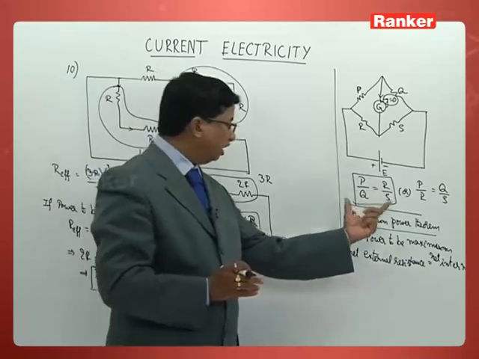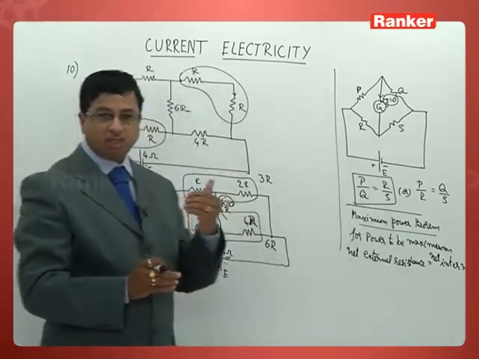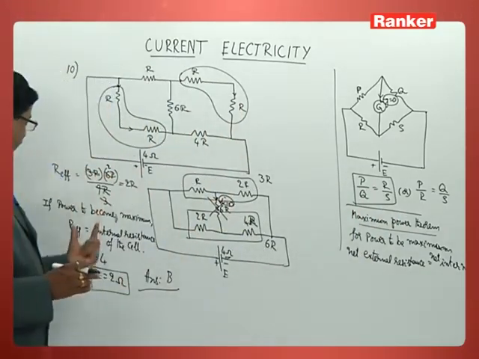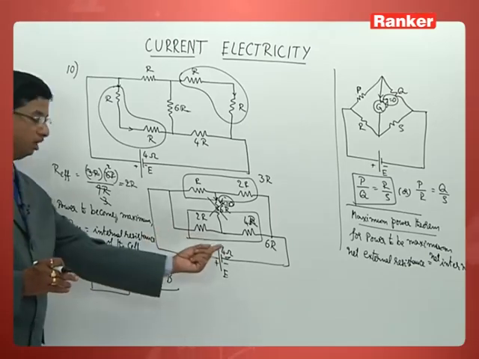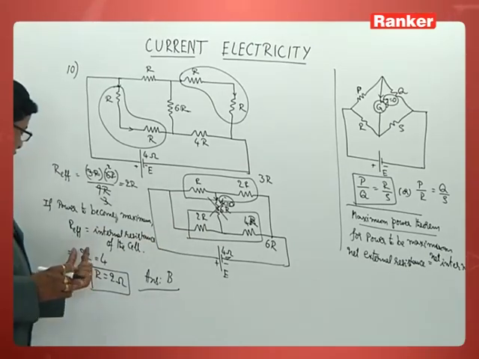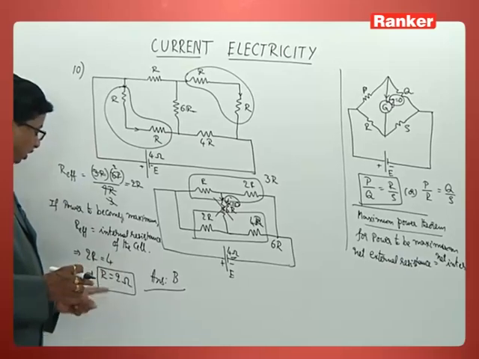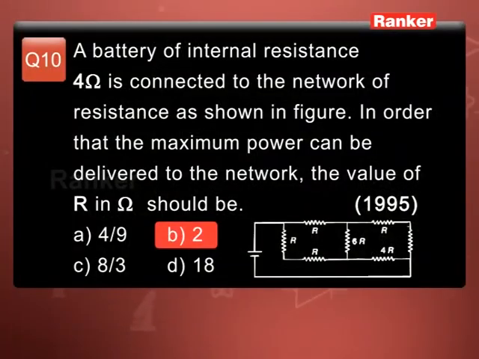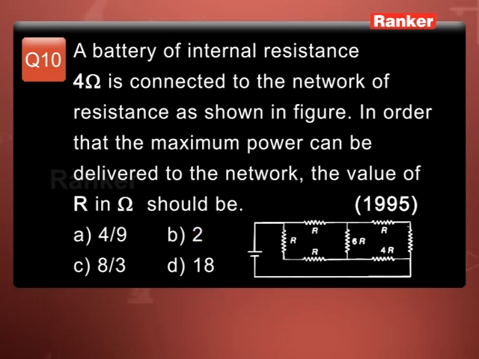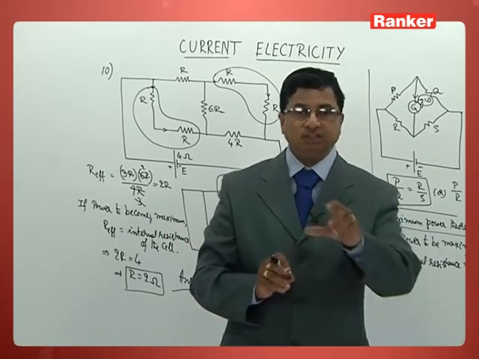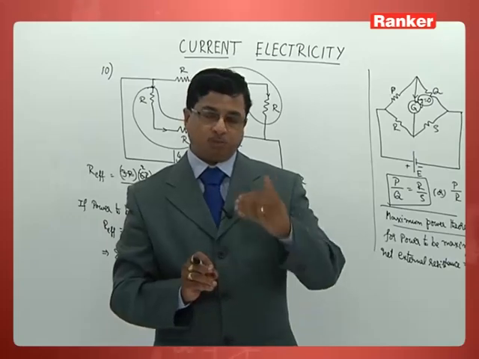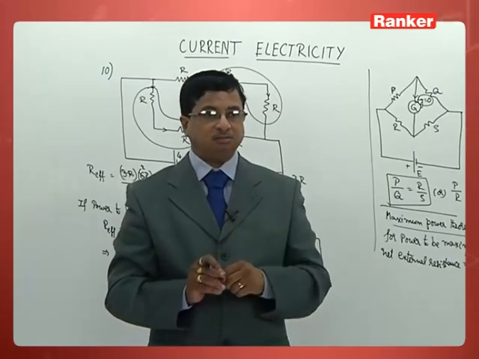So according to the maximum power theorem, I have equated the net external resistance to the internal resistance of the cell. So 2R is equal to 4, then automatically R becomes 2 ohm. Out of all the 4 options given, the second option is 2 ohm. So that is the correct option for us. So this is the answer for problem number 10.